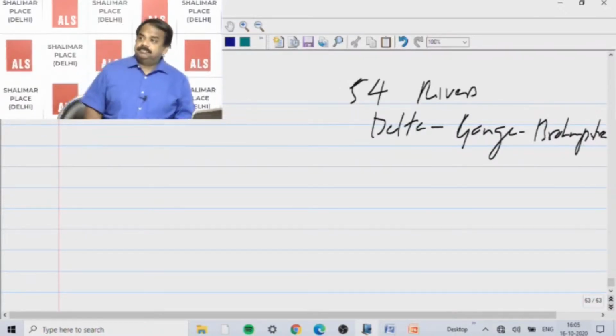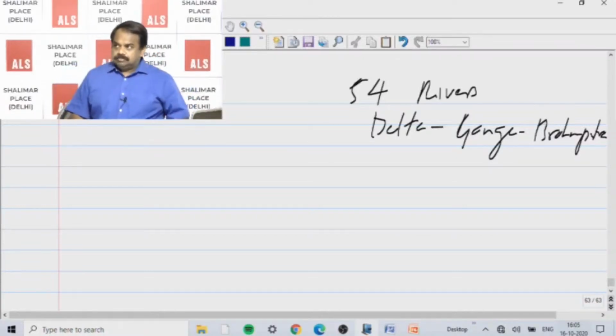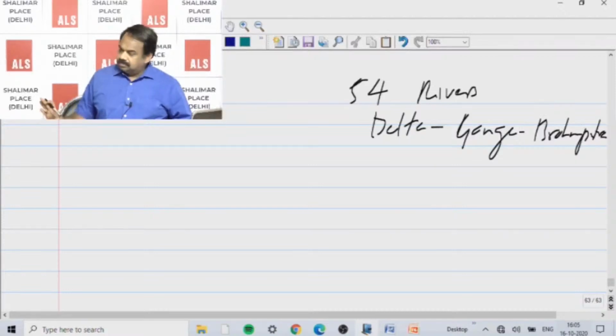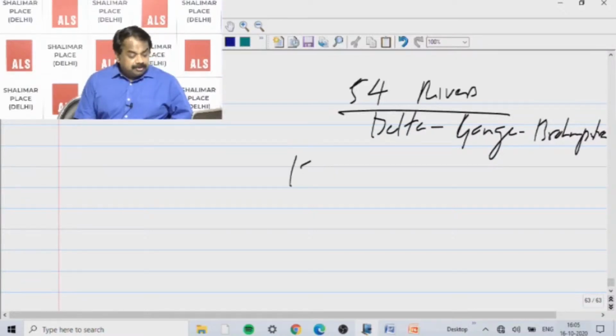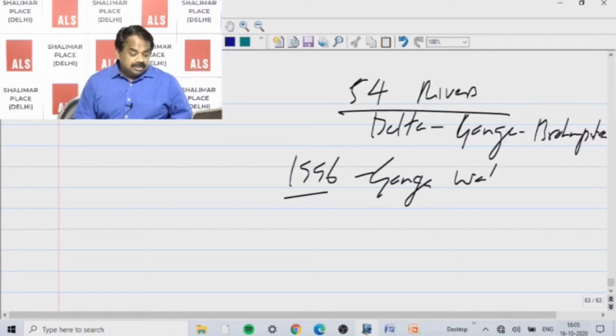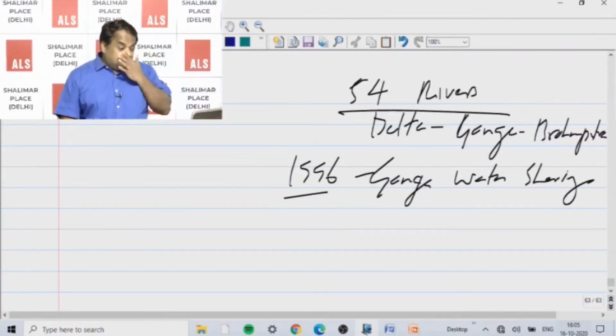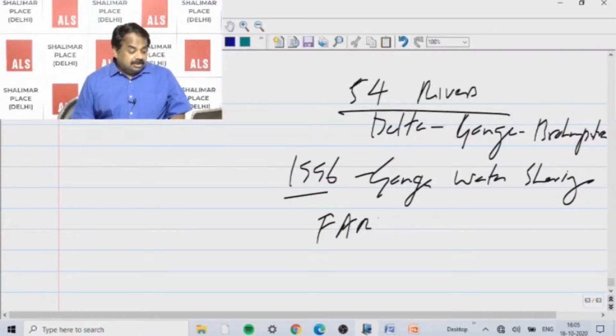First point is that. Now, the first agreement was in 1996, the Ganga water sharing agreement. And the dispute was related to the Farakka barrage.